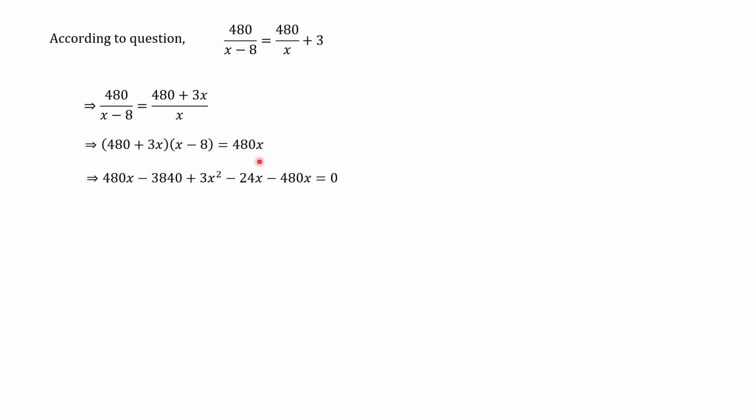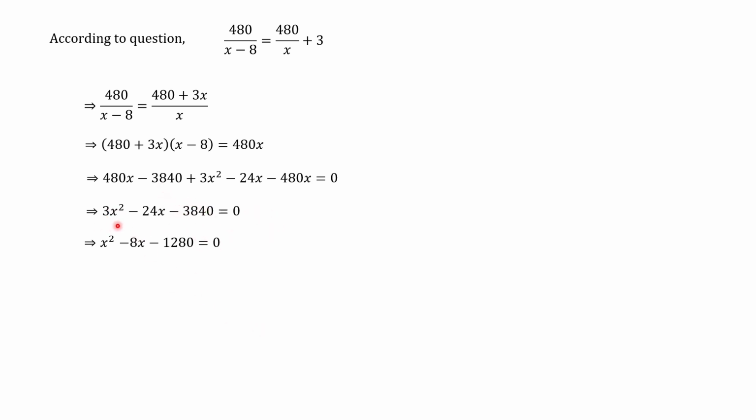The right hand side 480x, if I carry it to the left hand side, will give me minus 480x, and it is equal to 0. Here this 480x and this minus 480x get cancelled, so we are left with only 3x squared minus 24x minus 3840.